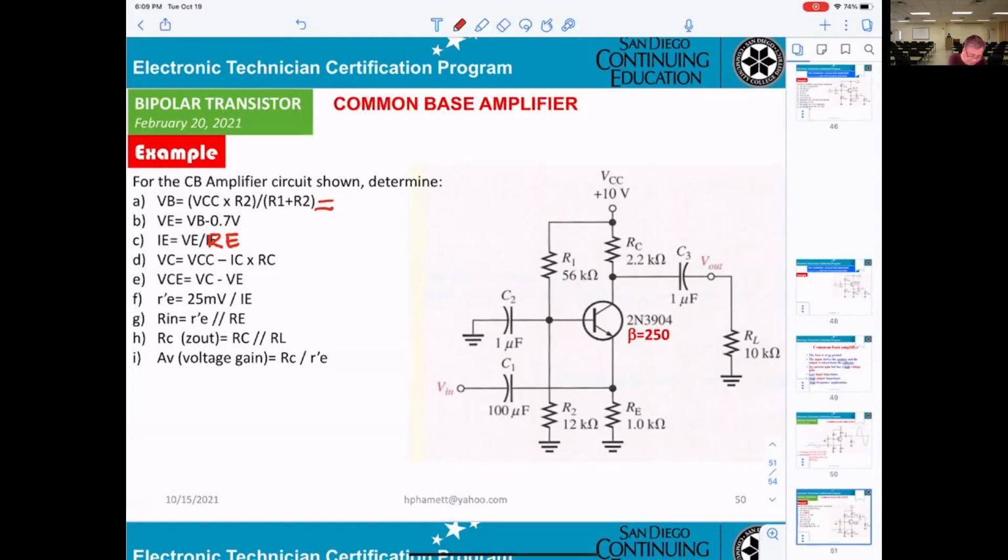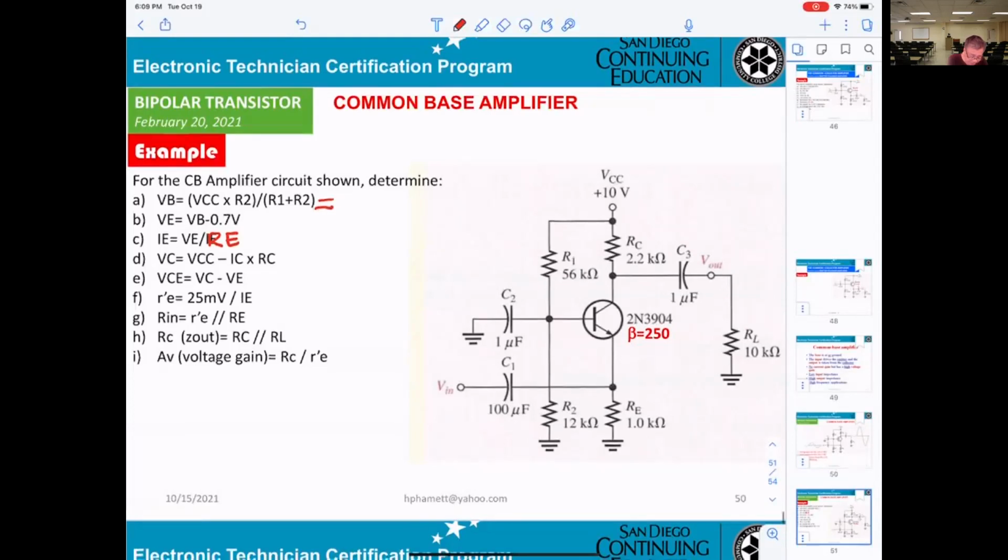Correct, 1.76, that's the correct answer. You take 10 times 12K, divided by 12K plus 56K. 12K and 56K is basically 68K.